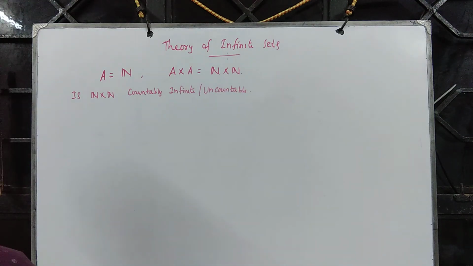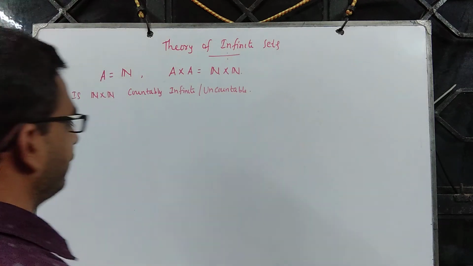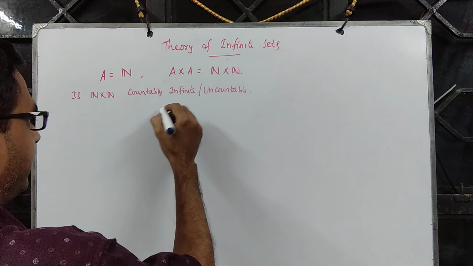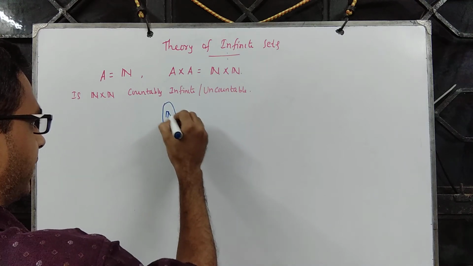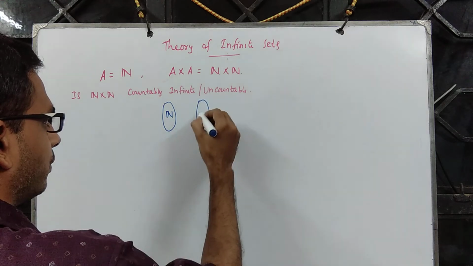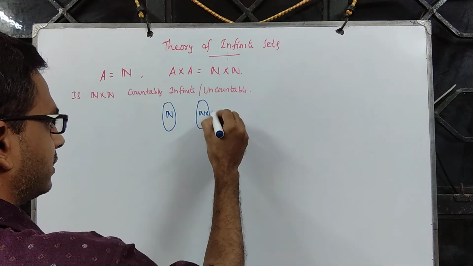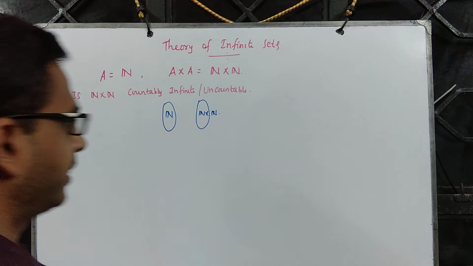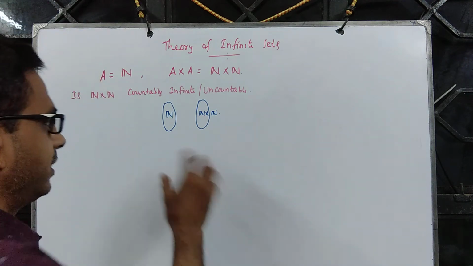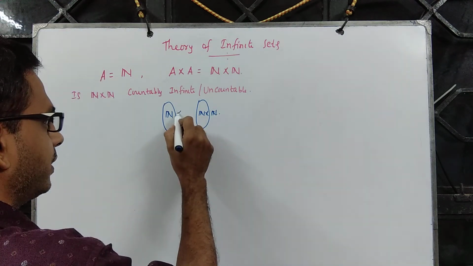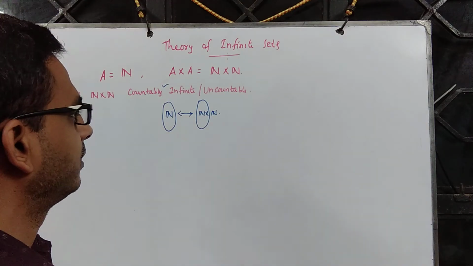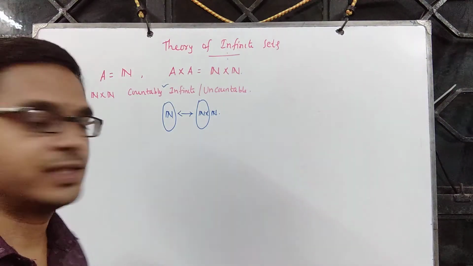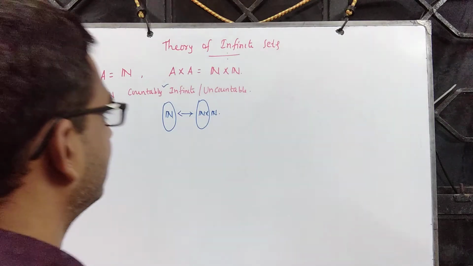To talk about this, suppose I want to establish that it is countably infinite. All that we need is to establish a bijection from N to N cross N. Correct? Suppose we come up with a bijection between these two, then it is countably infinite. If no such bijection exists, then you say it's uncountable.